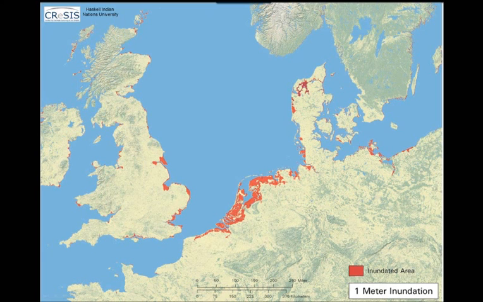Well, this is one of the impacts of sea level rise. If there were to be a metre rise in sea level, we would be looking at more coastal flooding or inundation around lowland coasts. So, for example, the Thames Estuary, East Anglia, the Wash, parts of Lincolnshire, parts of the south coast, around the Solent, large amounts of the Netherlands, and parts of Denmark.